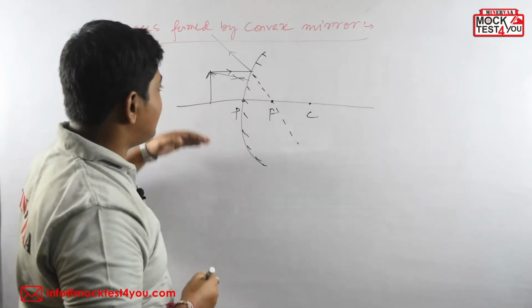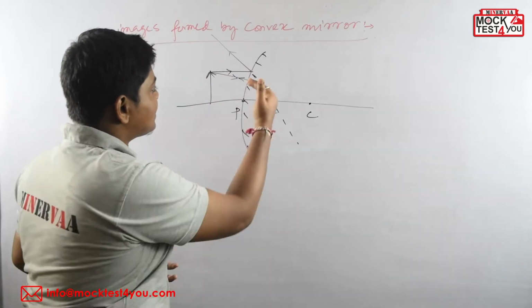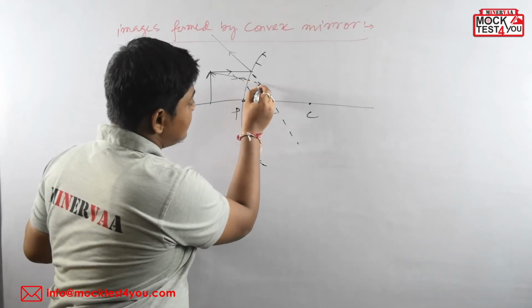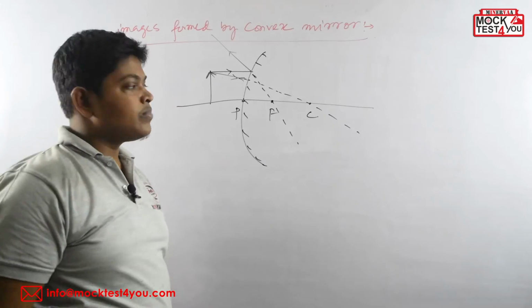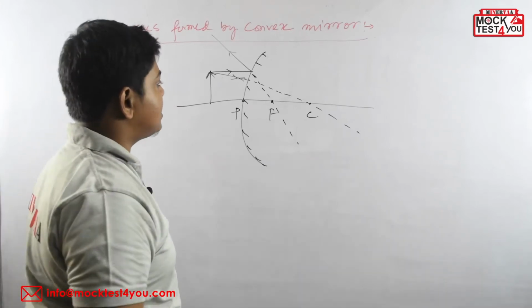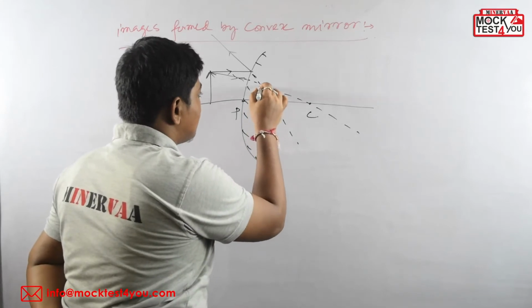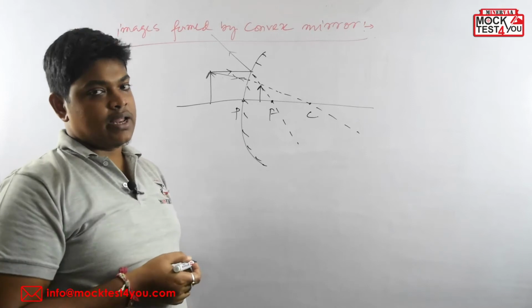That means it will be reflected along the same way. And if we extend that, it will pass through the center of curvature. So these two light rays are meeting at this point. At this point we will get our diminished image, and that will be virtual and erect.